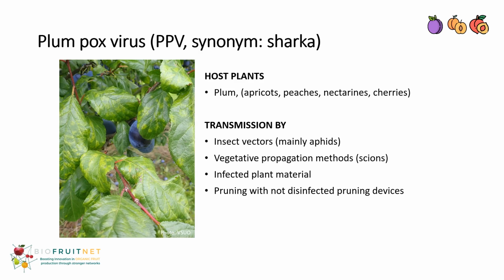The disease is caused by the plum pox virus, short PPV, whereby different strains of the virus infect different stone fruits. The disease transmission occurs mainly by infected plant material and by aphids in orchards as insect vectors, but can also be spread by tree pruning through not disinfected pruning devices.